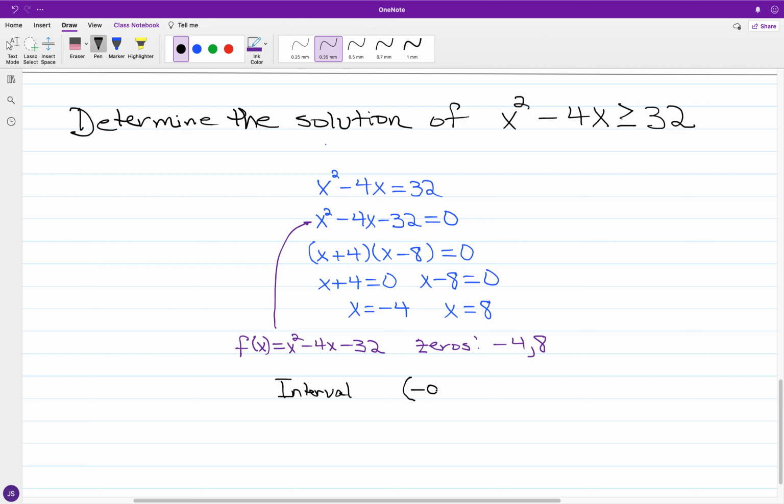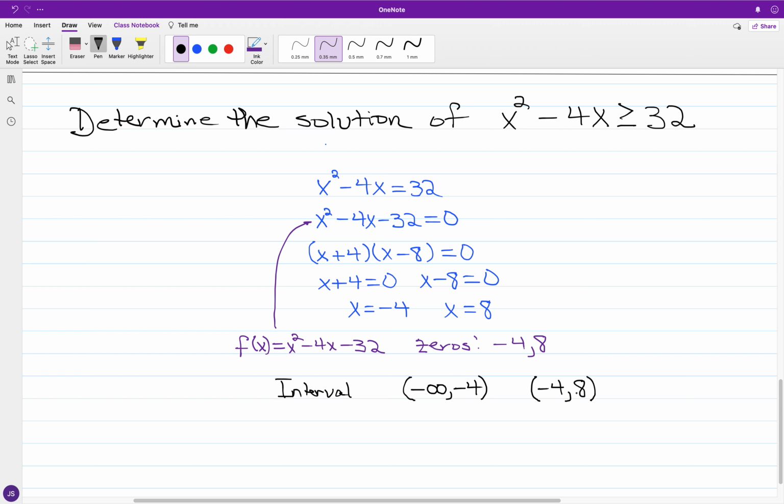And so starting out working around negative 4, at the lower end we have those values of x less than negative 4. Then bypassing negative 4, we go with those values of x that will be higher than negative 4 and less than 8. So now we're working around 8.